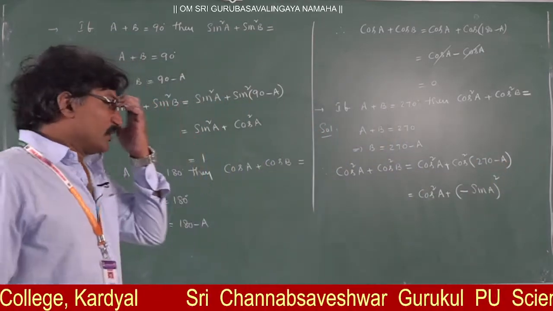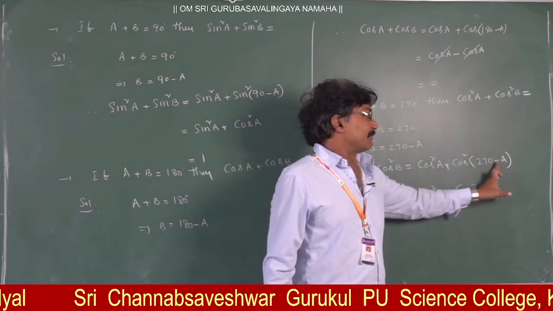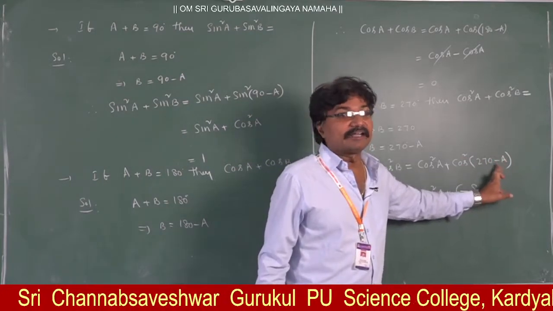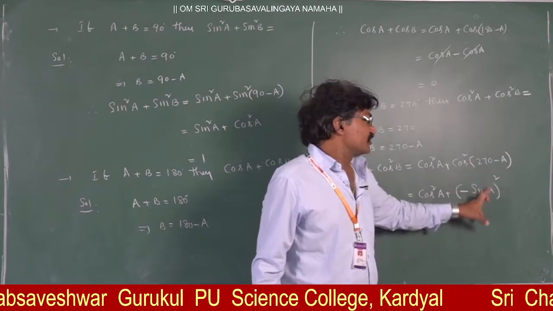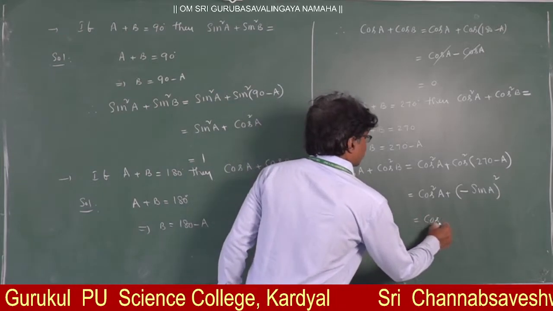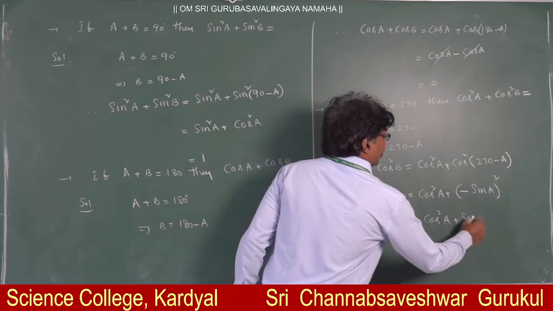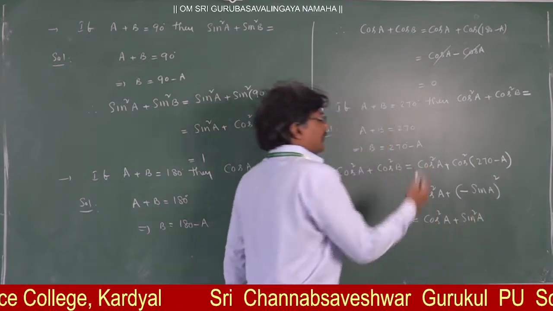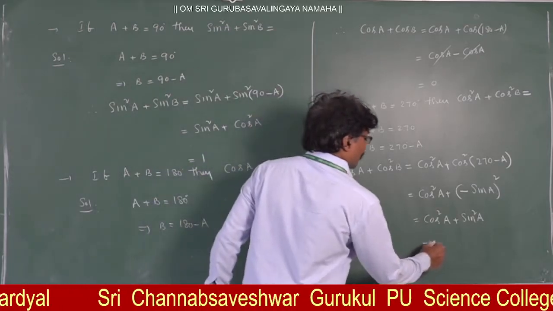Okay? 270 minus a, 270 minus theta belongs to the third quadrant. Third quadrant cos negative. Cos will be changed to sin, whole square. That is equal to cos square a plus minus sin a whole square, that is cos square a plus sin square a, which is equal to 1.